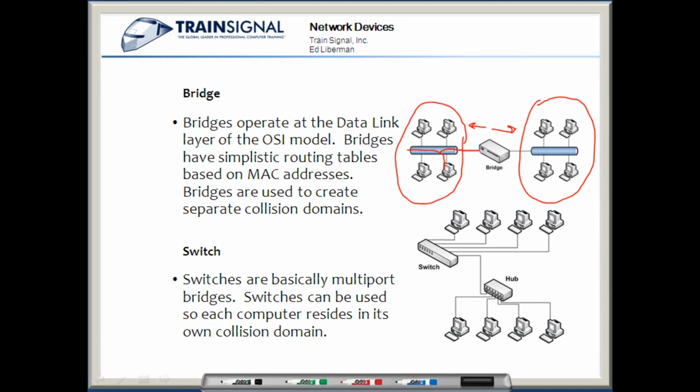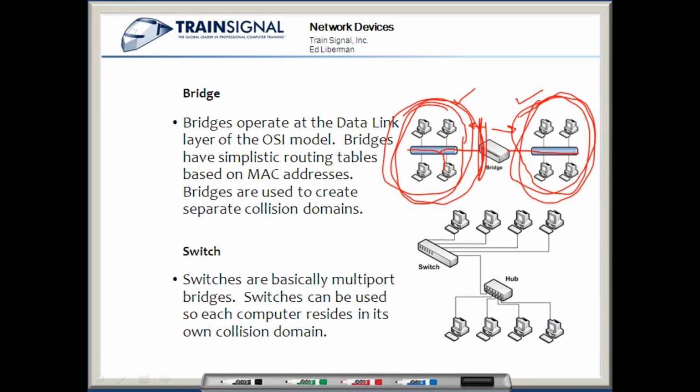But if it gets a transmission that is designated for one of these 4 computers, then it passes the transmission through. If it gets a transmission that is designated for one of these 4 computers, then it stops the transmission there. For that reason, only communications within this area can collide, and only transmissions within this area can collide. Therefore, this is separated into 2 separate collision domains.